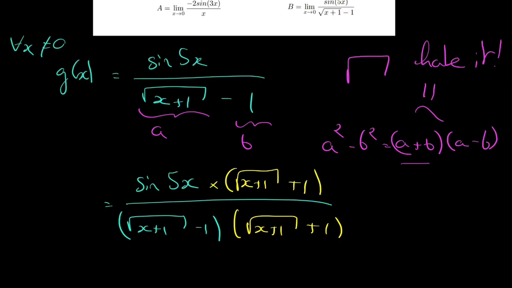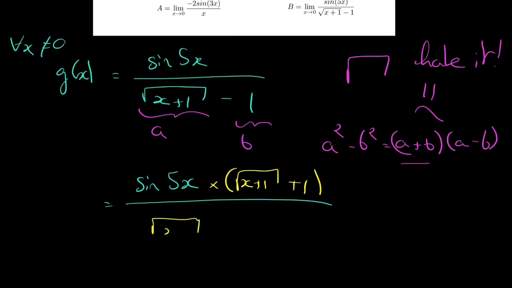And at the bottom, this will simplify into square root of x plus 1 squared, which is equal to x plus 1, minus 1 squared, which is equal to minus 1. And this plus 1 and this minus 1 will cancel each other, and we will be left with x.